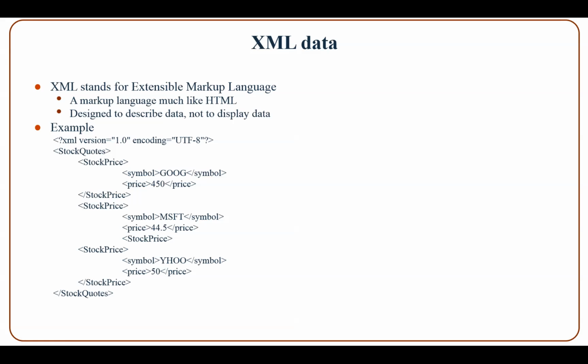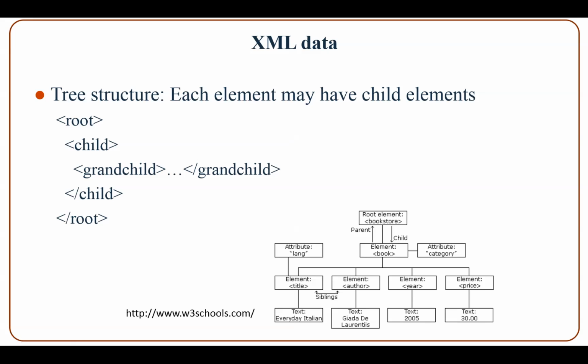Each element is everything from the starting tag to the ending tag. An element may contain multiple other elements in it. Each element may have attributes as well. XML data is organized in a tree structure. Each element may have child elements.